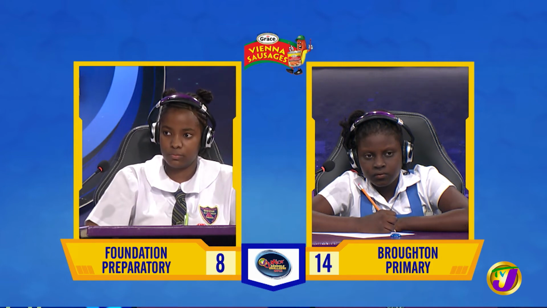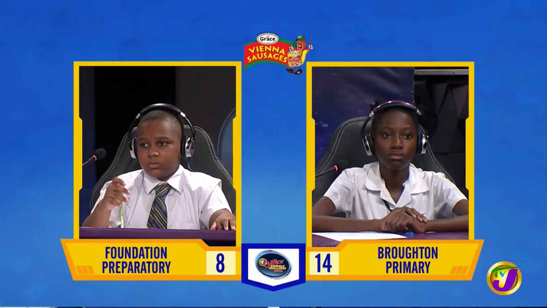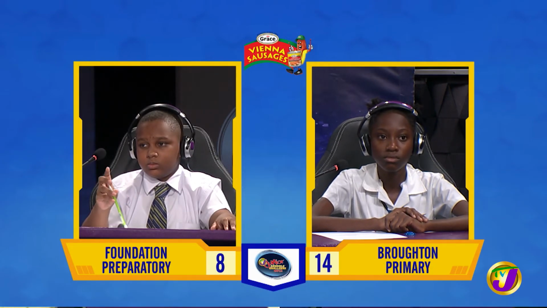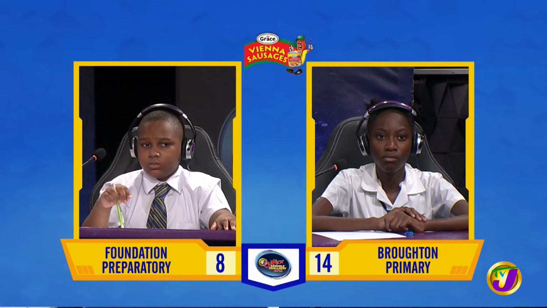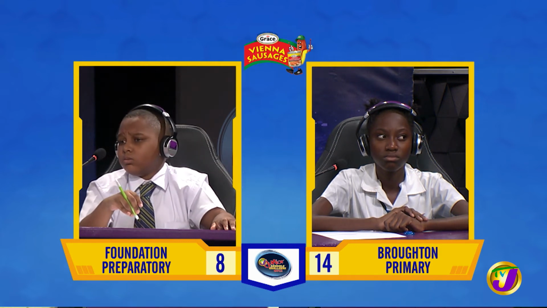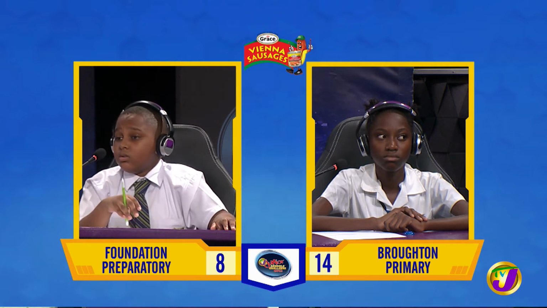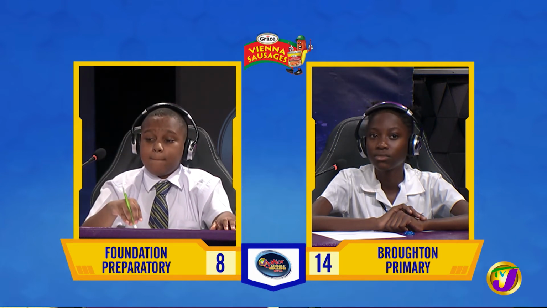And the final face-off in social studies is between Demion Hansen of Foundation and Renessa Somerville from Broughton. Demion, the moon of which planet is similar in appearance to the planet Mercury? Mars. Incorrect. Would you like to try, Renessa? No, thank you.